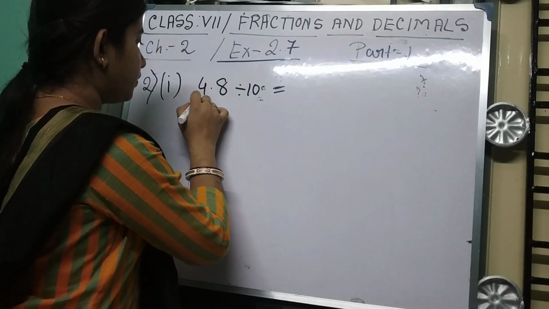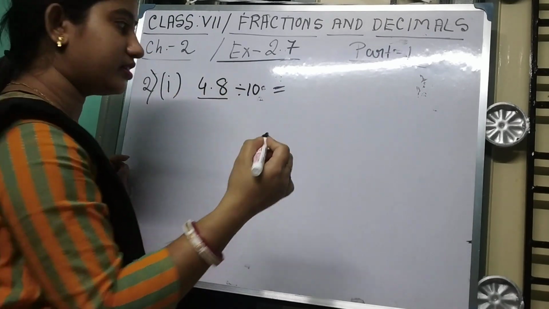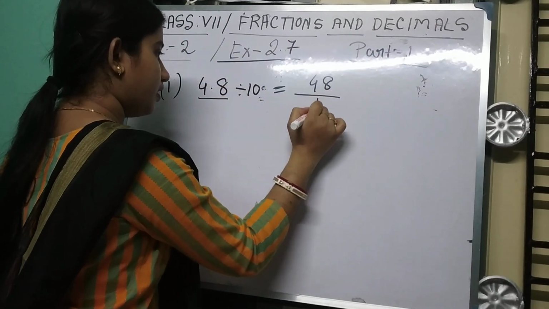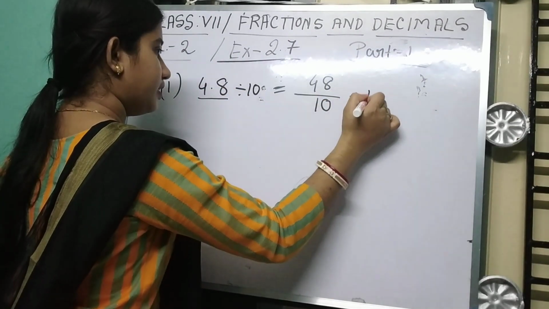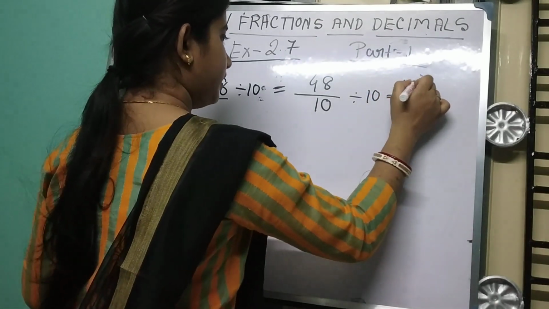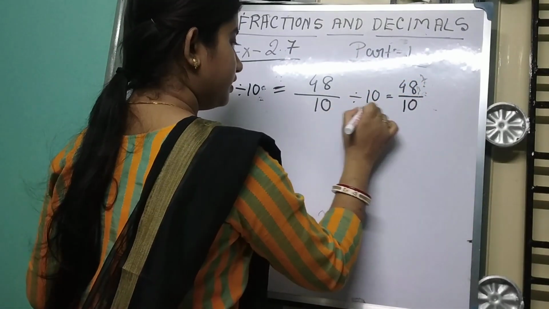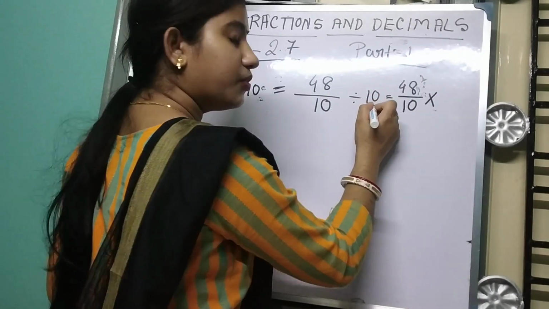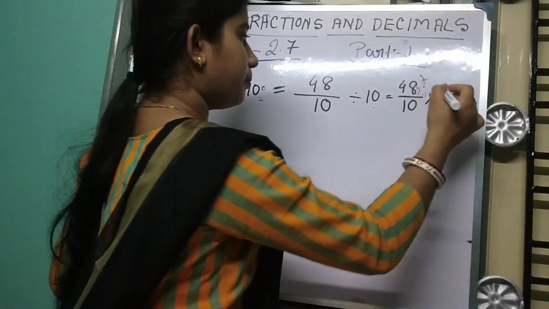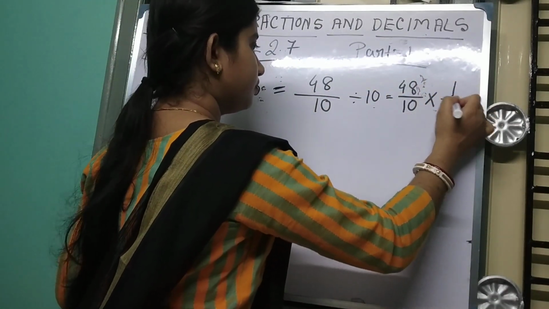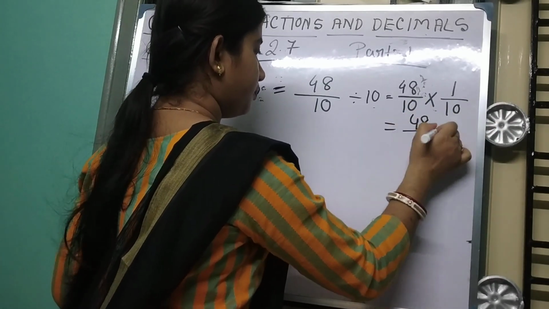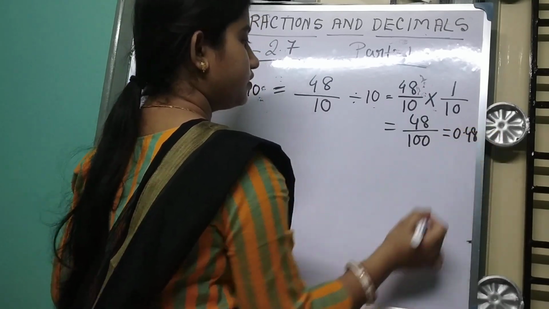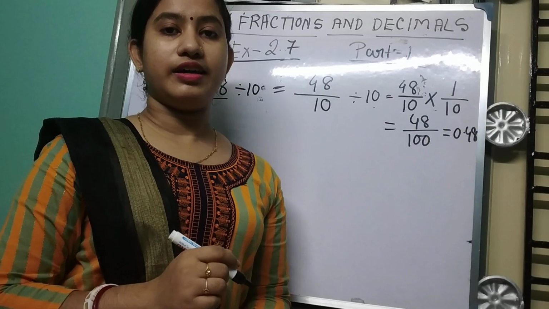So we convert this decimal number into a fraction. So this is 48 by 10, as there is one number after the decimal, divided by 10. Then we change this to multiplication and write the reciprocal of 10. Reciprocal of 10 means 1 by 10. That means 48 by 100. So we get 0.48. That means we shifted the decimal point to the left side by 2 places.